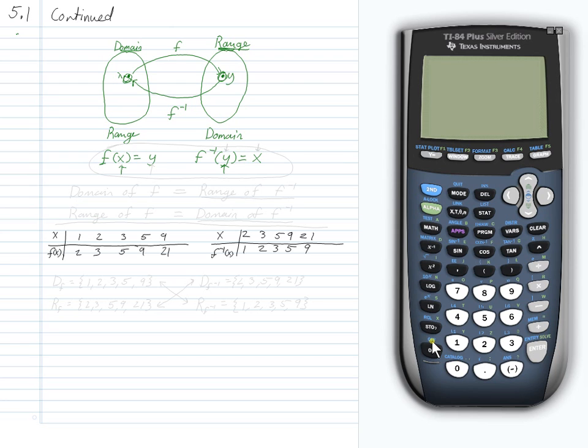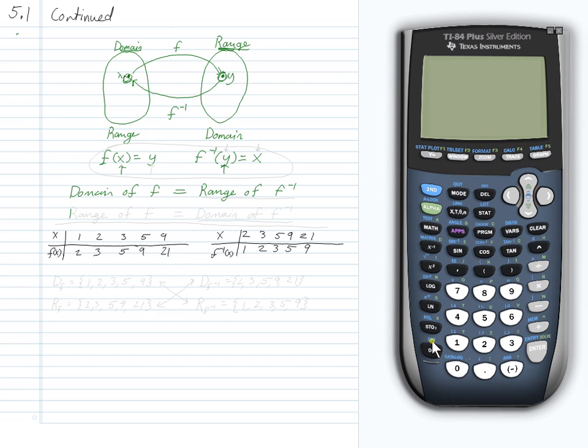So there's a convenient takeaway from this way of thinking about the inverse. By the definition of the inverse function, we see that the domain of the function is going to be equal to the range of the inverse, if it exists.